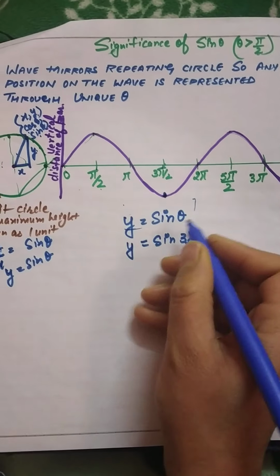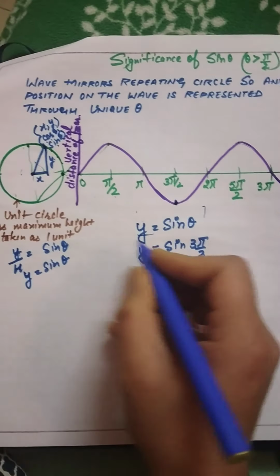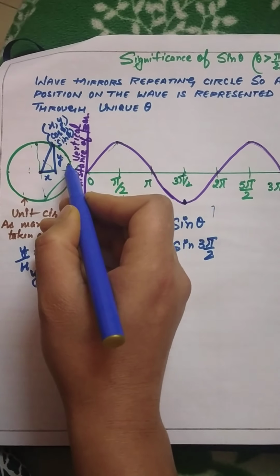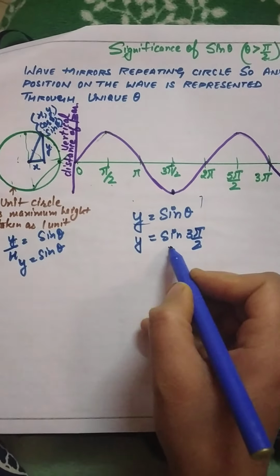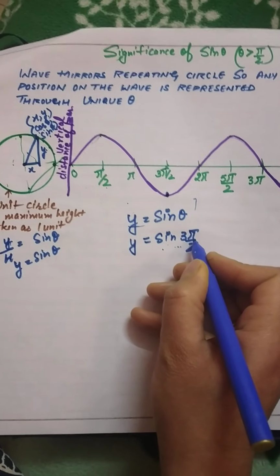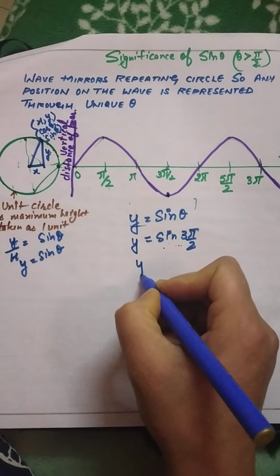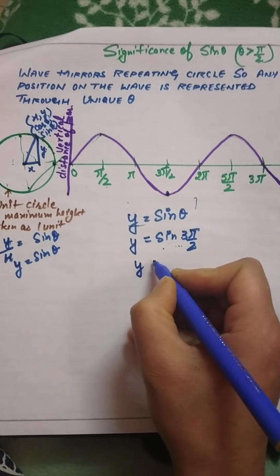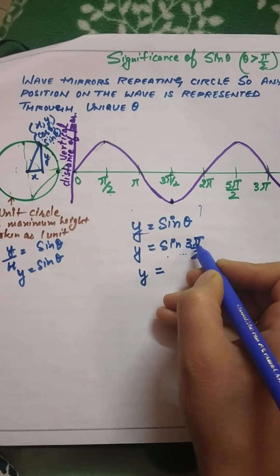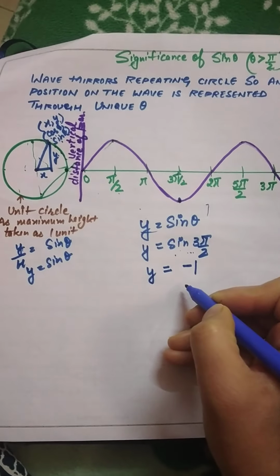It is in the third quadrant, or maybe the borderline. We have discussed it before. So y equals sine 3 pi by 2. If you have to calculate the amplitude, you actually know it is here and it is -1.